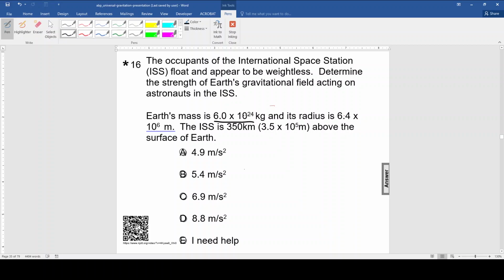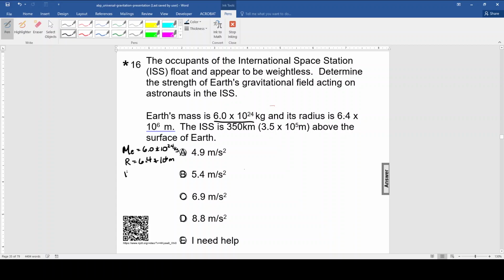We have a mass, the radius of the Earth, the height above the Earth of the space station, and of course the gravitational constant. So, the mass of the Earth equals 6.0 times 10 to the 24th kilograms. The radius is 6.4 times 10 to the 6th meters.